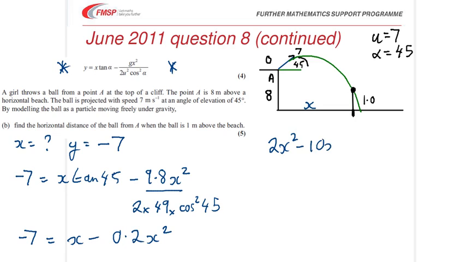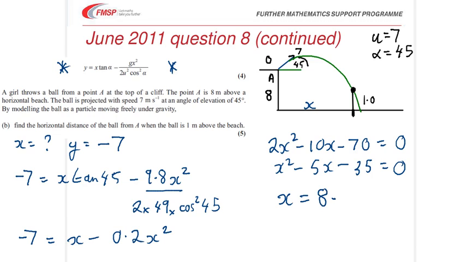You can divide by 2 there, so x squared minus 5x minus 35 equals 0. Use your calculator if it's got a quadratic solving function, or use the quadratic formula if it hasn't. There are a few steps that I'm not going to put on this video. You solve that equation and get x equals 8.92. That's the only positive answer. So x is 8.92 meters, and that bit is done.